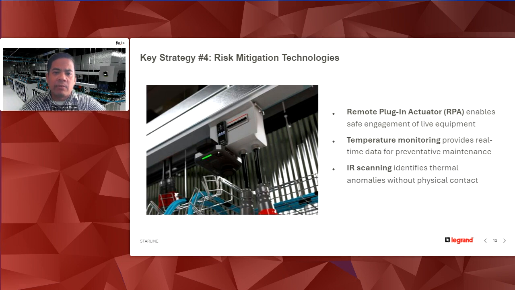And that provides real-time data to a BMS system. So in an instance where there is a hot spot happening within the end feed, you can alarm the BMS system automatically to say, hey, there's a hot spot here, and then schedule some time to at least investigate it to see if it's a real issue or not. So it really helps prevent any catastrophic failures well before they happen.